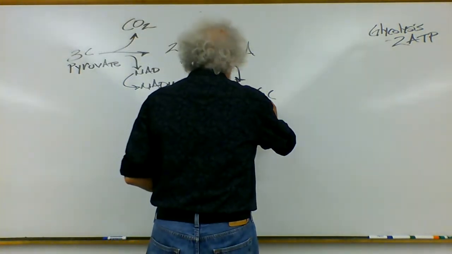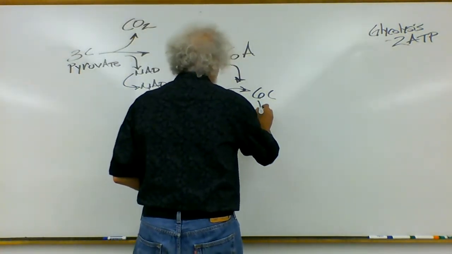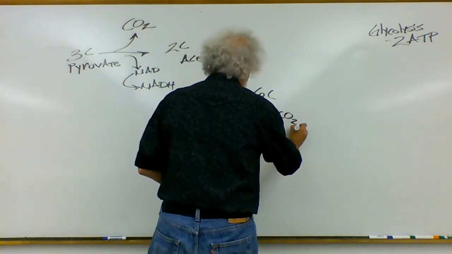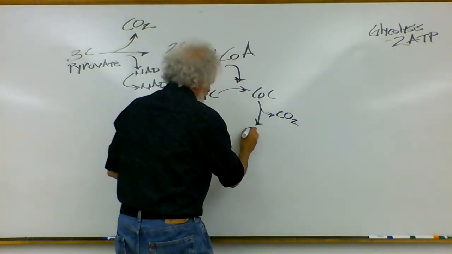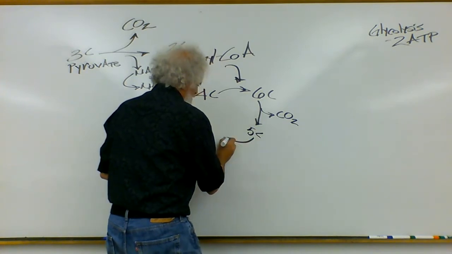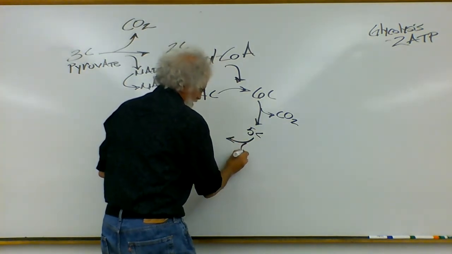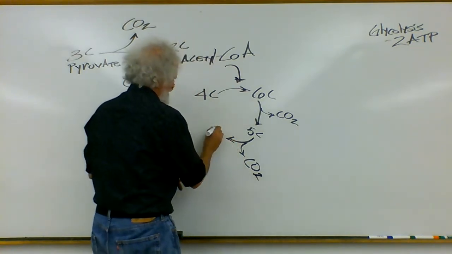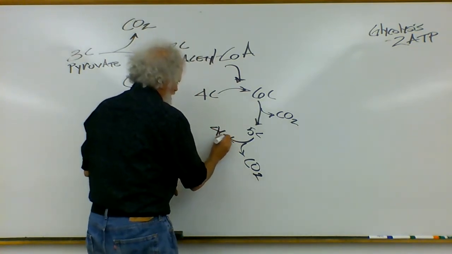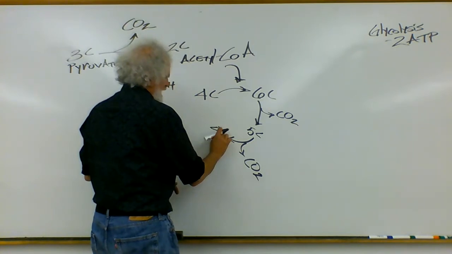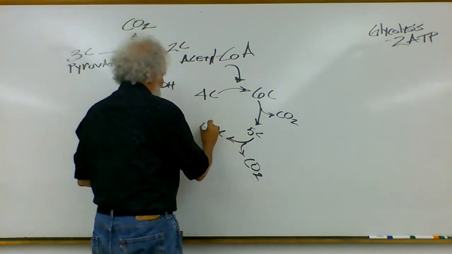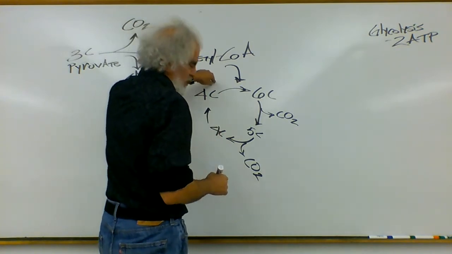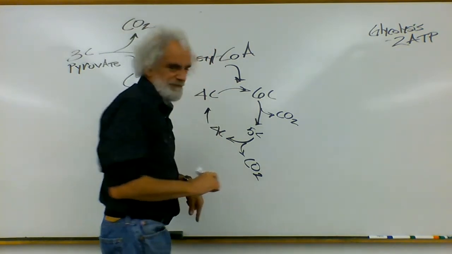Now, the 6-carbon molecule is going to be oxidized and kick out a CO2. How many carbons do we got? 5 carbons. The 5-carbon is going to kick out a CO2. How many carbons you got? 4 carbons. Now, this 4-carbon molecule undergoes a couple of other rearrangements and eventually ends up at the top of the cycle and is ready to pick back up.